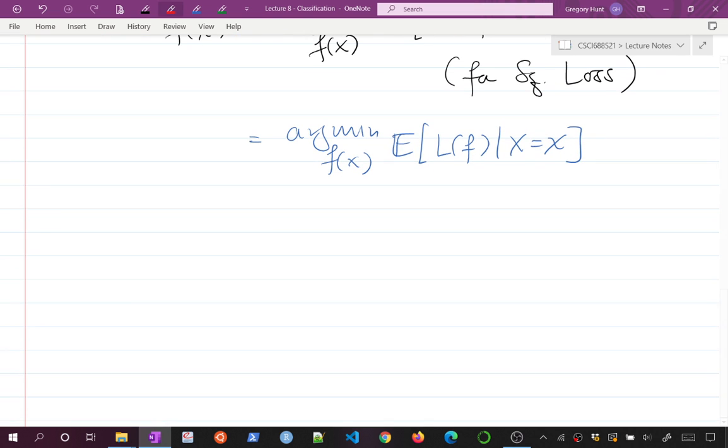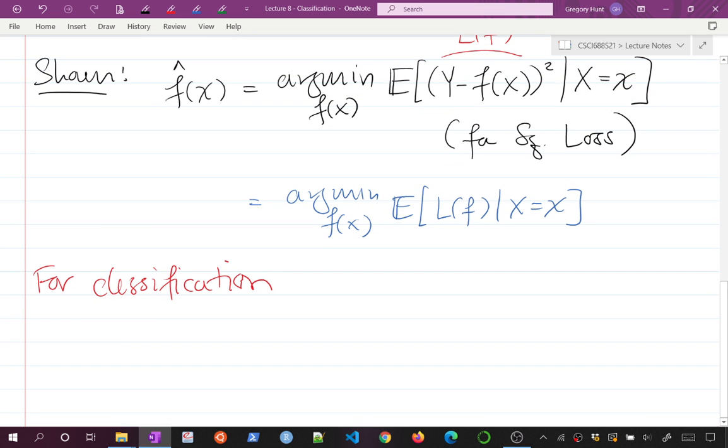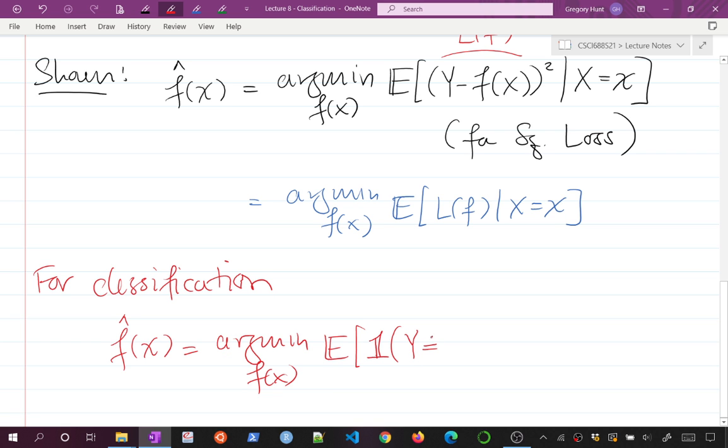And so for classification, we get basically the same thing, where the optimal thing to predict at x, that is f hat of x, is going to be the value over all potential f's of x of the expected value of, now replacing our squared loss with our 0, 1 loss, which you could write as the indicator that y is not equal to f of x, given x is little x.